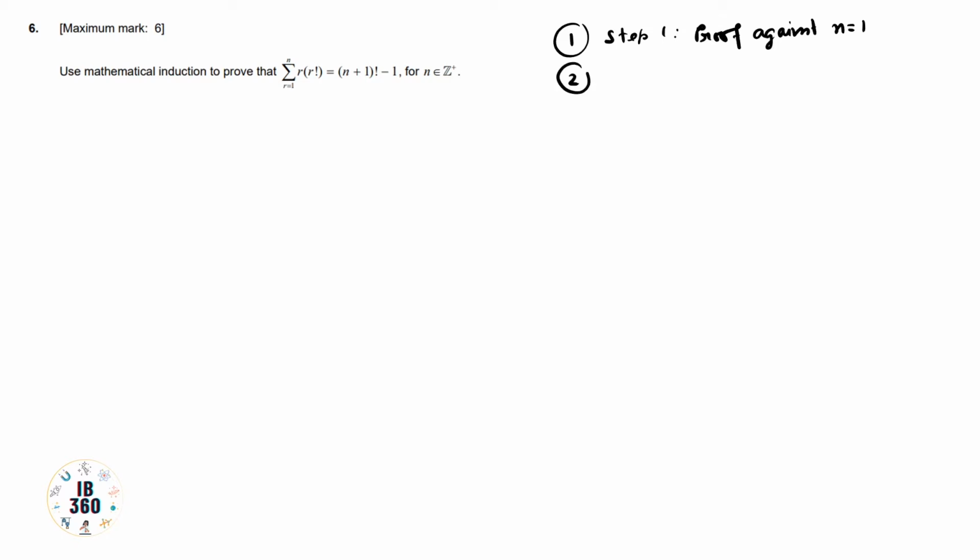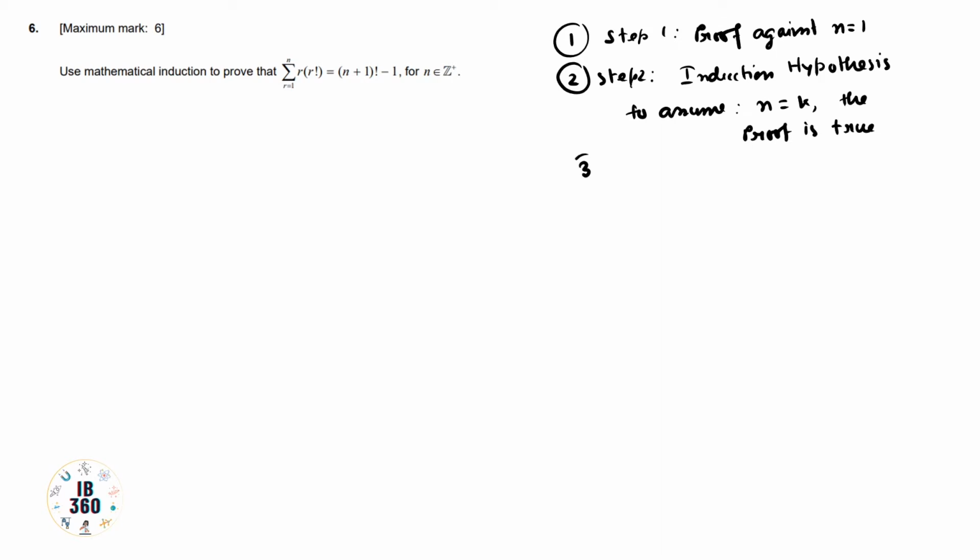Now the second step is step 2, induction hypothesis, where we assume that for n equals k, the proof is true.